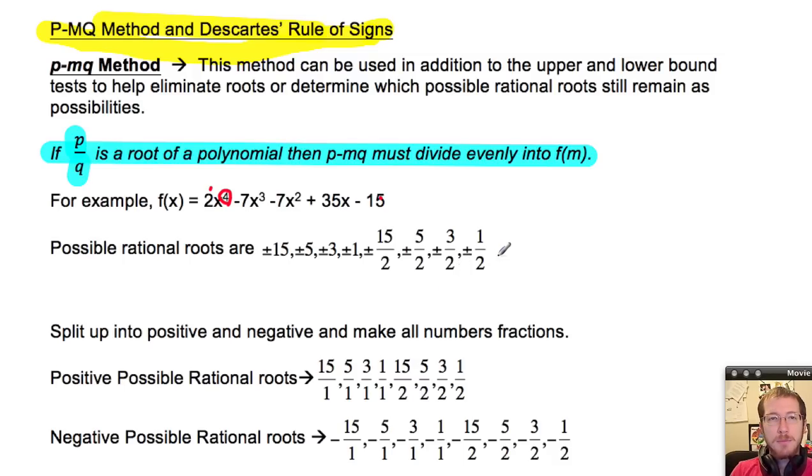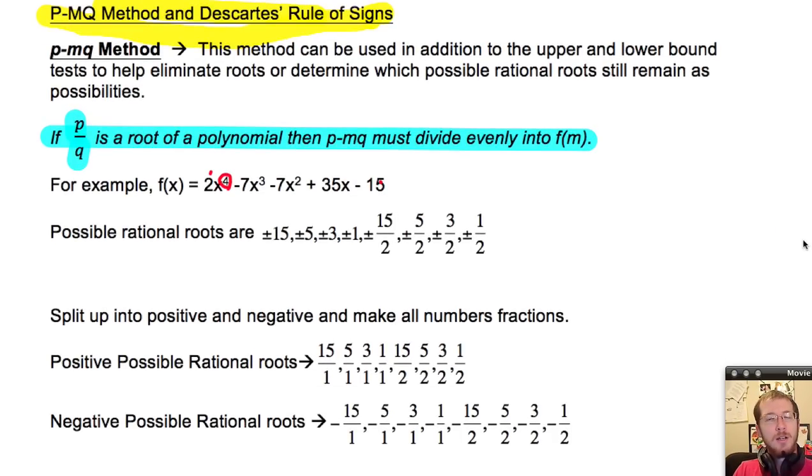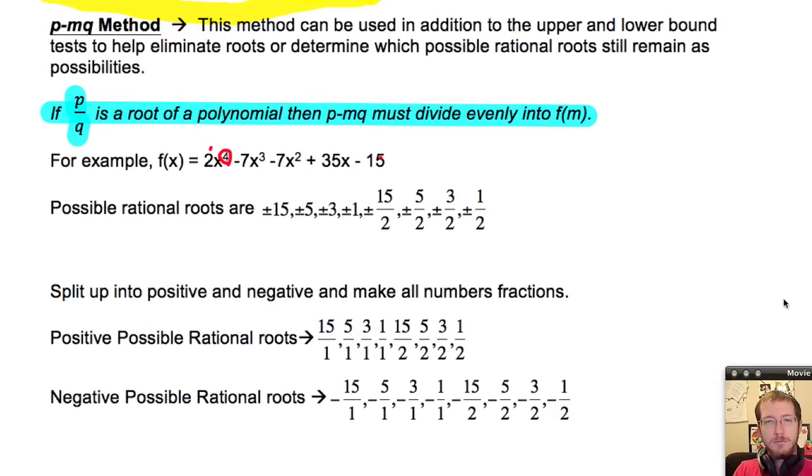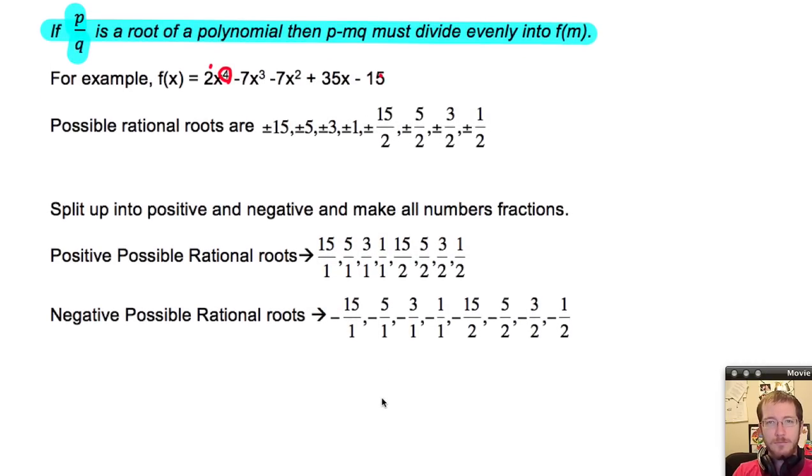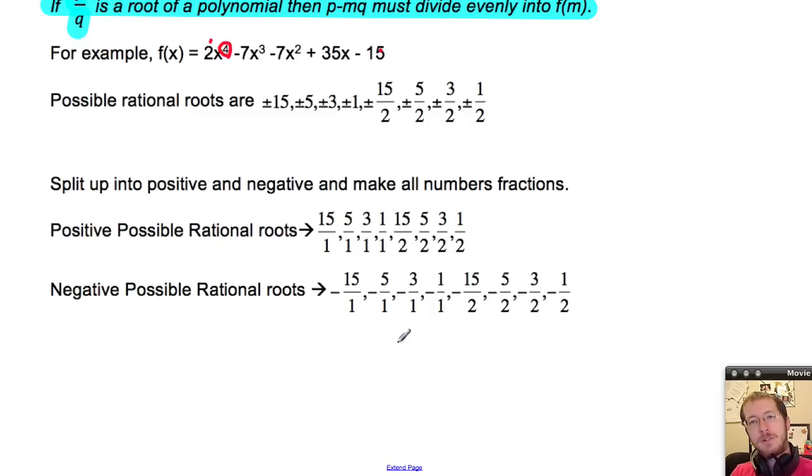When we do the P minus MQ method, we want to split those possible rational roots up into our positives and our negatives. We also want to leave them as fractions. Okay, so even if something can be simplified, like 15 over 1 can be just 15, we want to leave it as 15 over 1. Okay, so we've got our positive and our negative split into 2 groups.